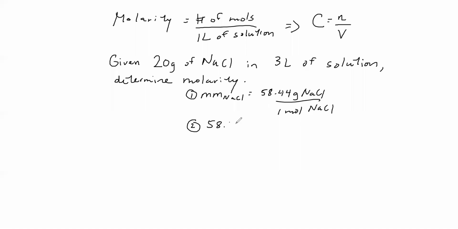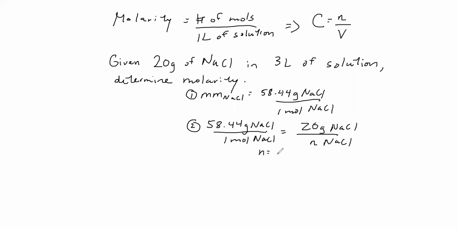So now I have 58.44 grams of NaCl over 1 mole of NaCl, and that's equal to the 20 grams I actually have of NaCl, but this is an unknown amount of NaCl. So I go and cross multiply. I end up with a number that's approximately, and you guys can correct me if I'm wrong, 0.342231 moles of NaCl approximately.